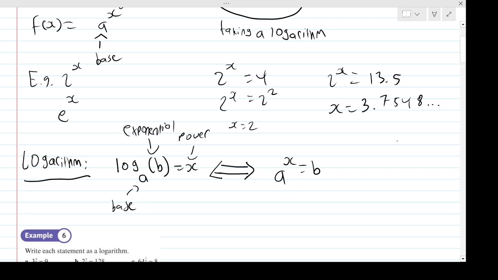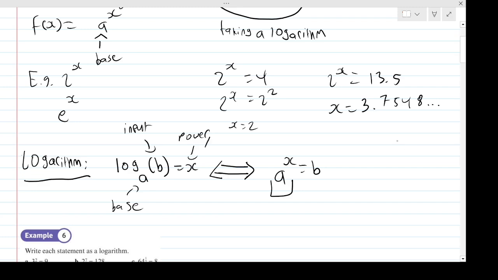What you'd notice is that I use brackets. I'm going to get rid of this here now, just to show you clearly. I put brackets around the b here. That is because with a logarithm, the exponential is my input, and it outputs x.